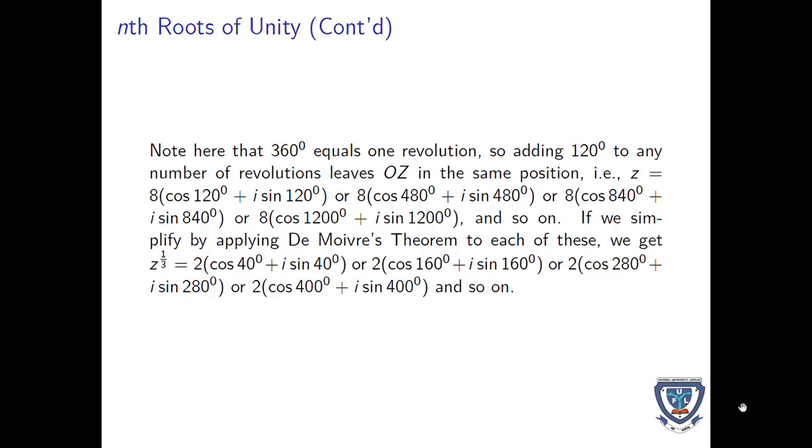Now if we simplify by applying De Moivre's theorem to each of these, we are going to get that z raised to power 1 over 3 is going to give us 2(cos 40 plus i sine 40), or 2(cos 160 plus i sine 160), and so on and so forth.